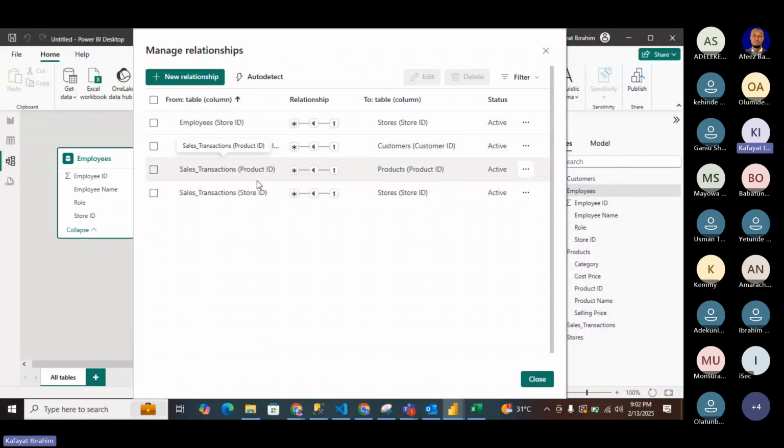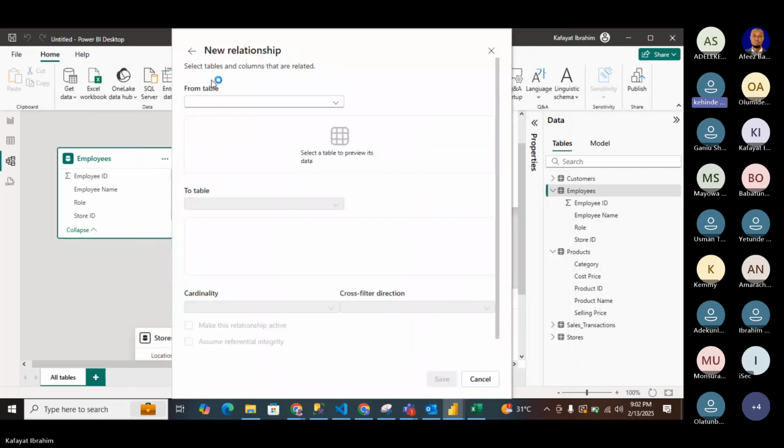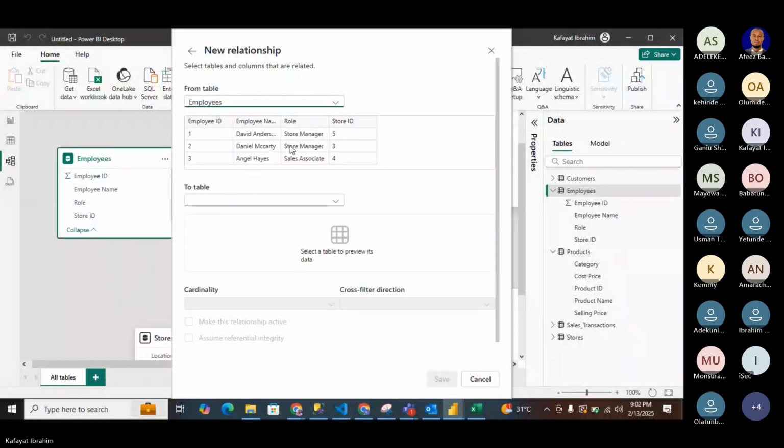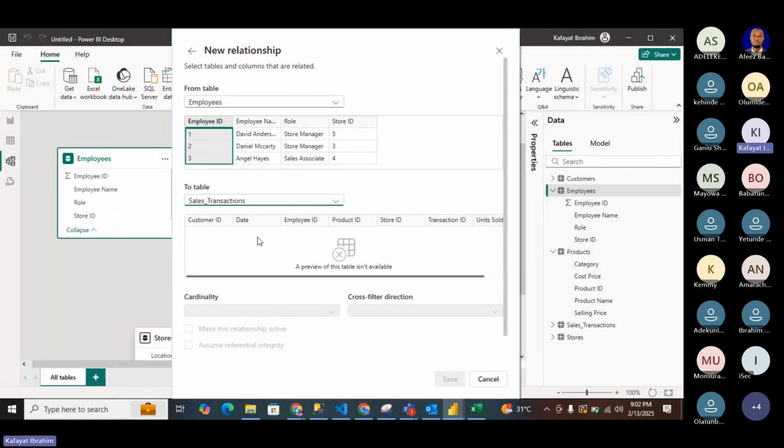We have employee store ID, employee store ID. Sorry, why don't you want to connect employee with the fact table? I'm coming. That is what I'm trying to do, because it's not working. Employee, you have employee ID. So which table? This table. Okay. This.